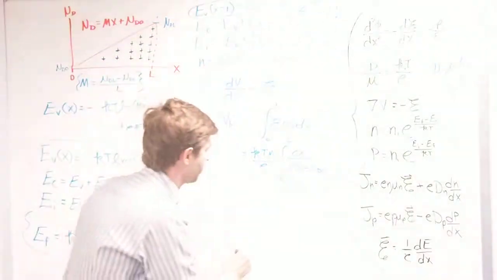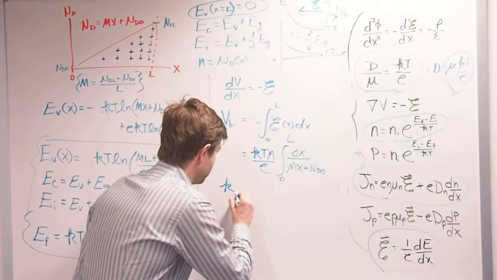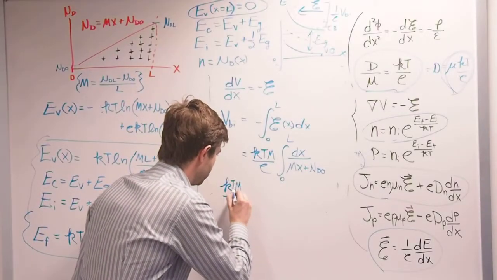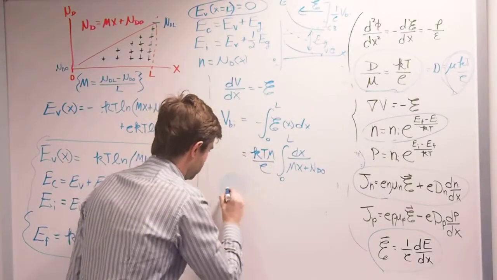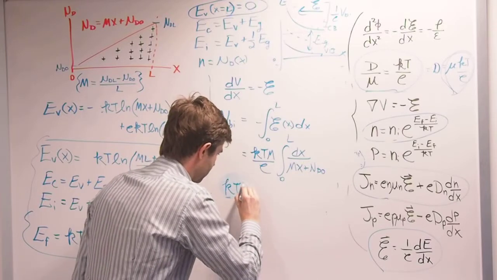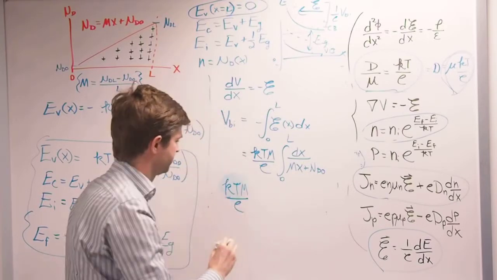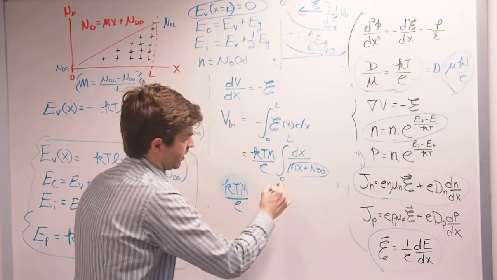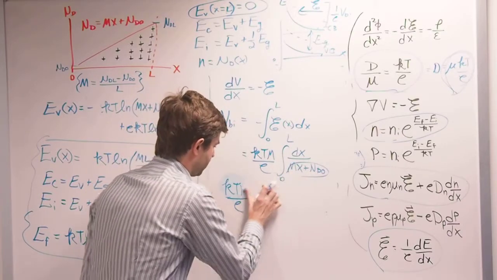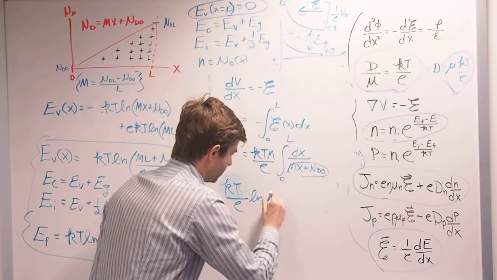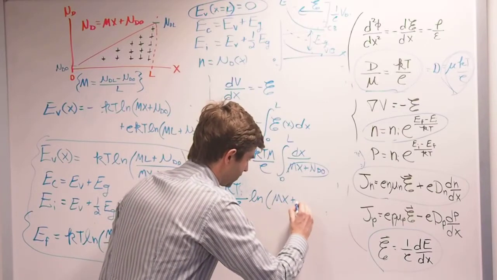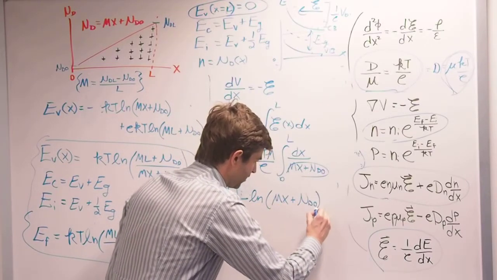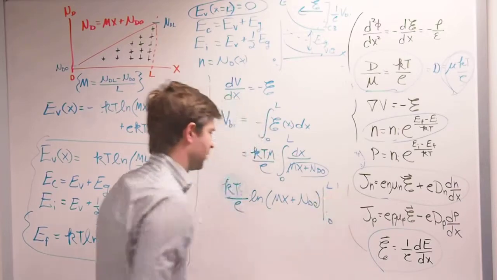Same thing as before: kTm over e, do a u-substitution again here. The m's cancel out, and we get the natural log of mx plus n d naught from 0 to L.